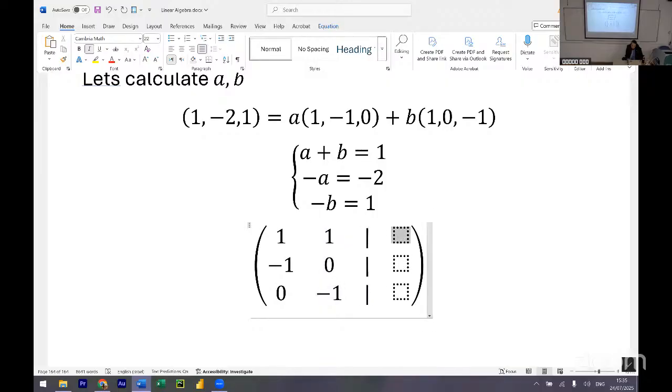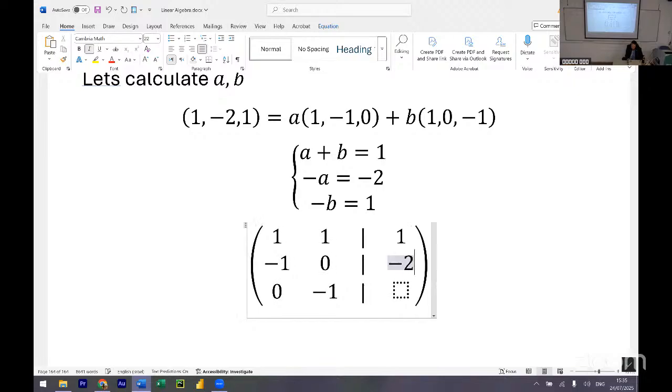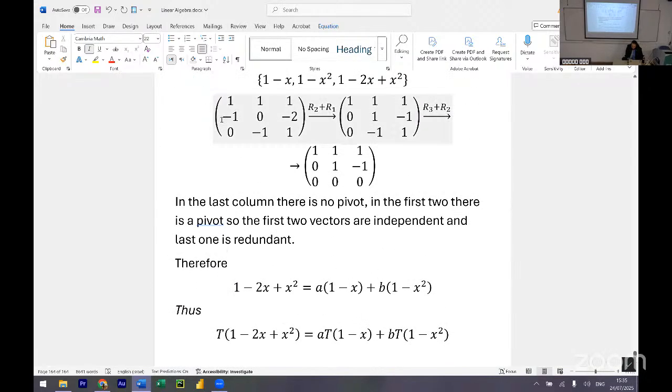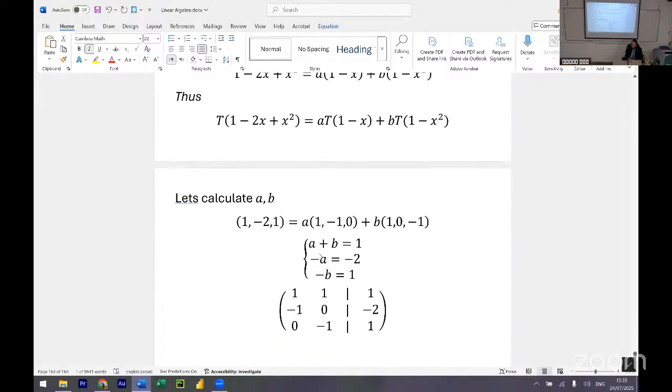And the constants are 1, minus 2, 1. Now I will zoom out to show you this is exactly the matrix we just did the reduction form, Gauss elimination form, I mean. And it's not a coincidence. We talked about it a bit in the lecture, that linear dependence is like multiplication of matrices when you put them in columns. That's the main thing here.